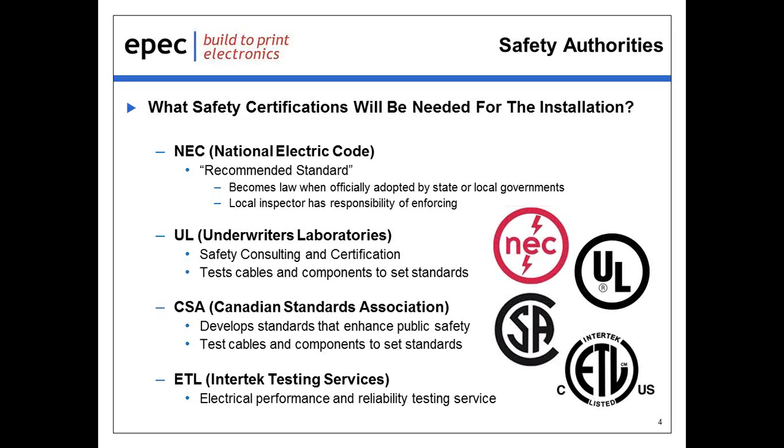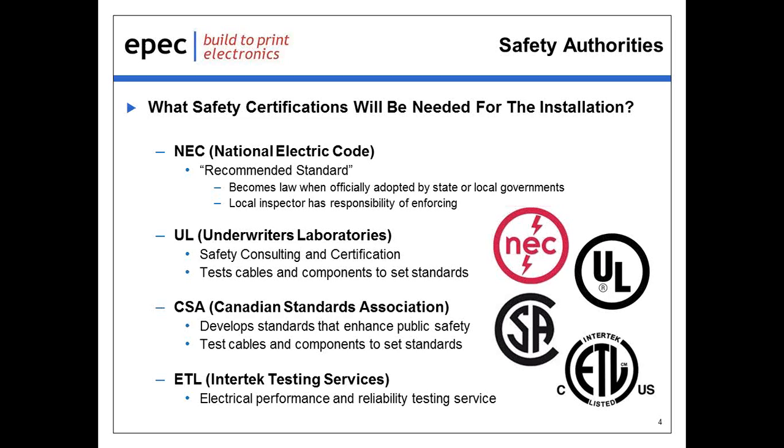They are a body that recommends that assemblies be built and installed in accordance with certain guidelines based on where they're going to be installed. The NEC only recommends what the guidelines should be, but those recommendations become law when they're officially adopted by any of the local governing authorities, the building inspector, the local building people, or state governments.